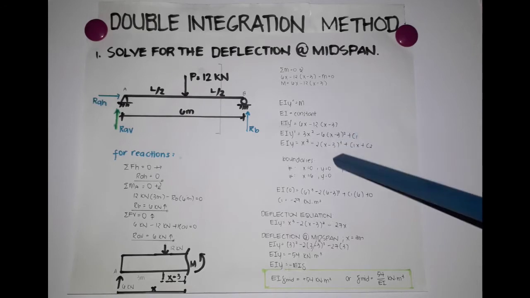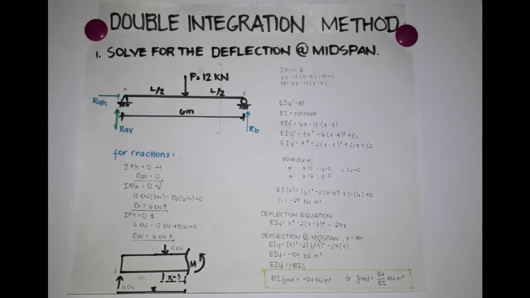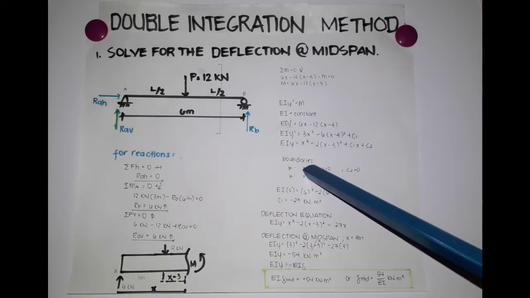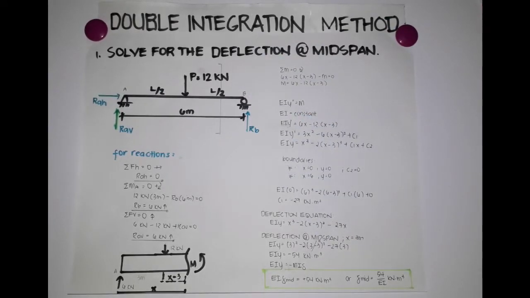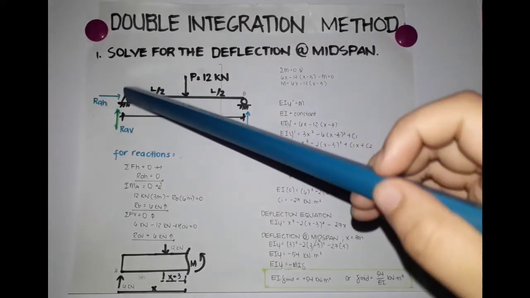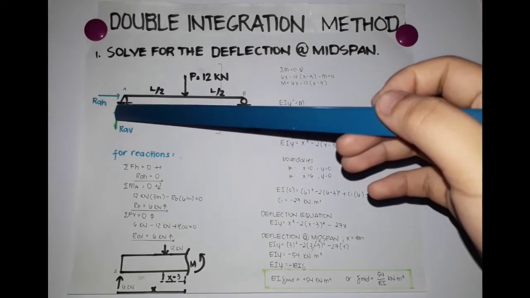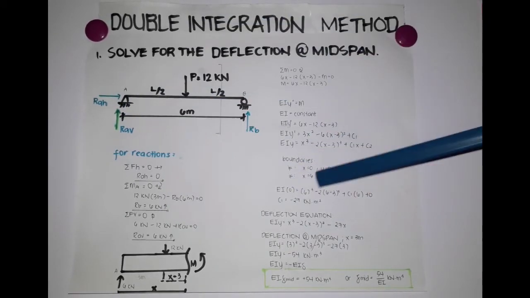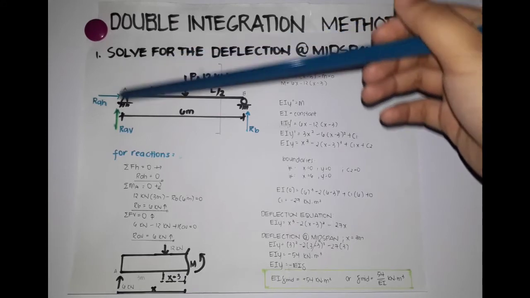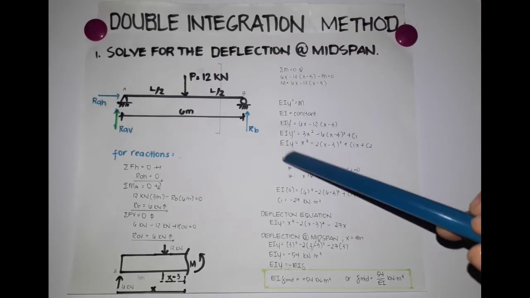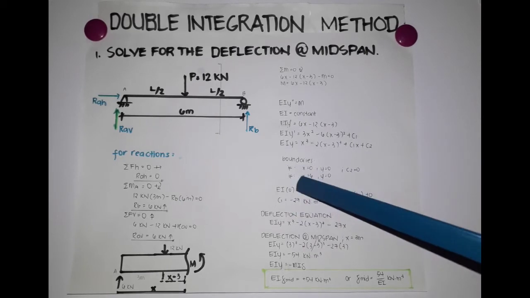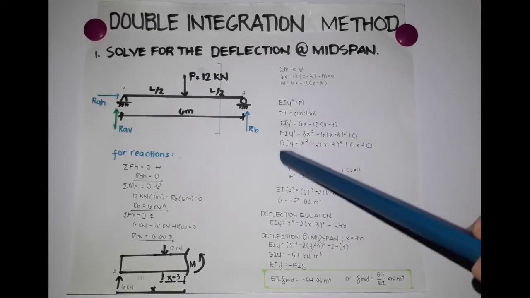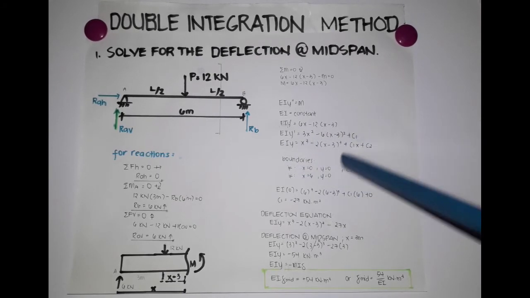Dahil dalawa yung unknown natin na value, gamit tayo ng boundaries which is kukunin natin sa support ng beam. First, hanapin natin kung saan nakalocate yung hinge support natin which is located at x is equal to 0 and y is equal to 0. Pag sinubstitute natin siya dito sa equation na to, wherein x is equal to 0 and y is equal to 0, makukuha natin na value ng C2 is equal to 0.